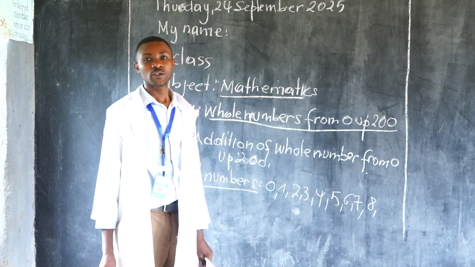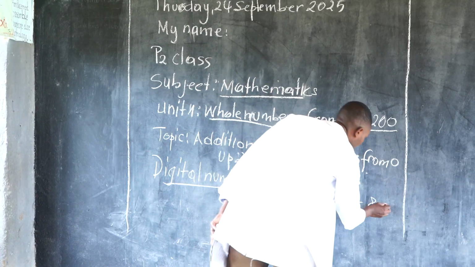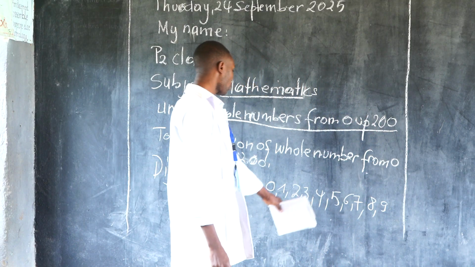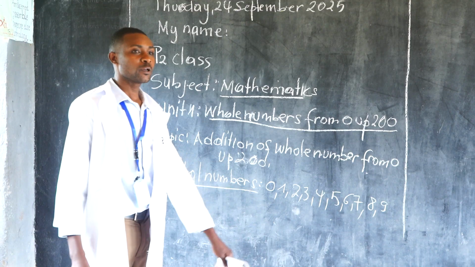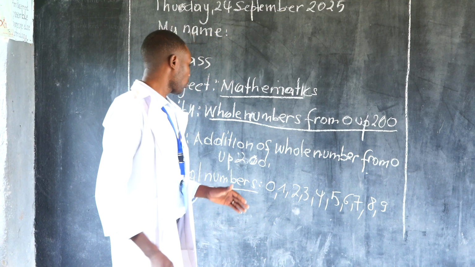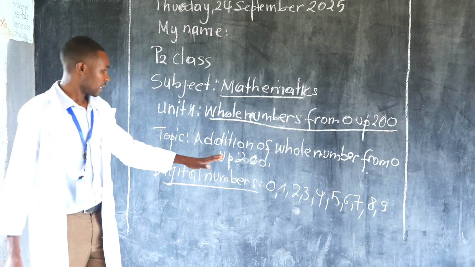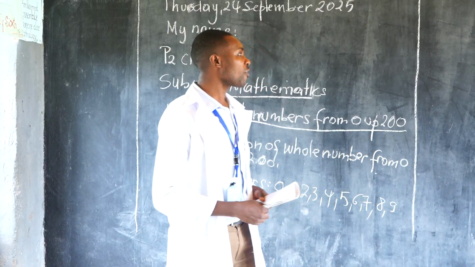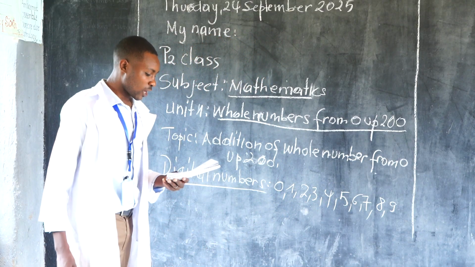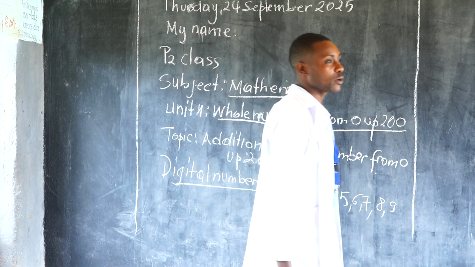After 8, we have 9. Now you have seen the digital numbers we have in mathematics. Now we already have 10 digital numbers.